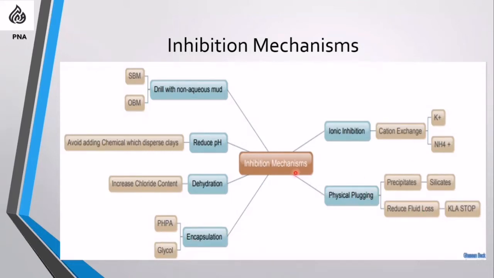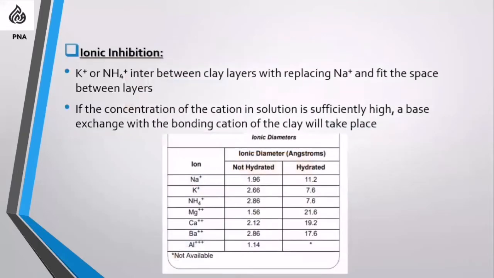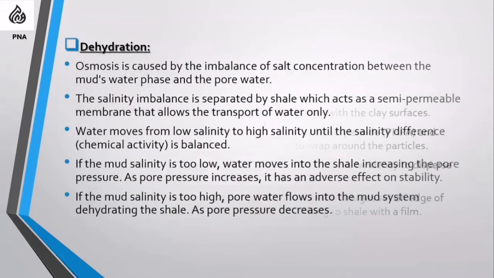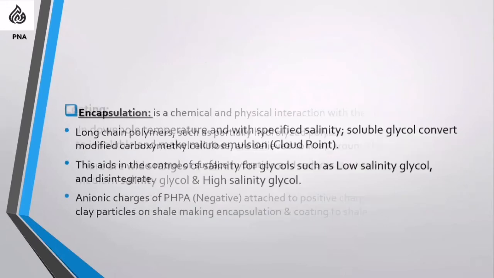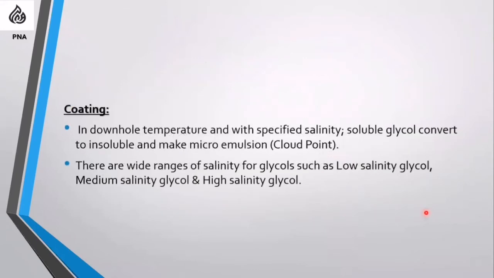And also we can use salt with the BHBA, with the glycol, or salt with BHBA and polyamine. So this is the type of mechanism, depending on the reactivity of the formation.